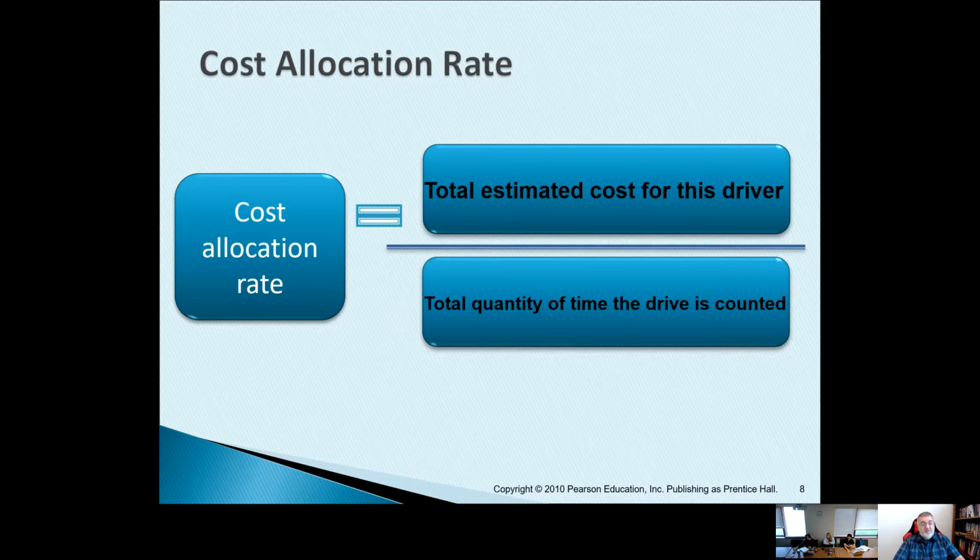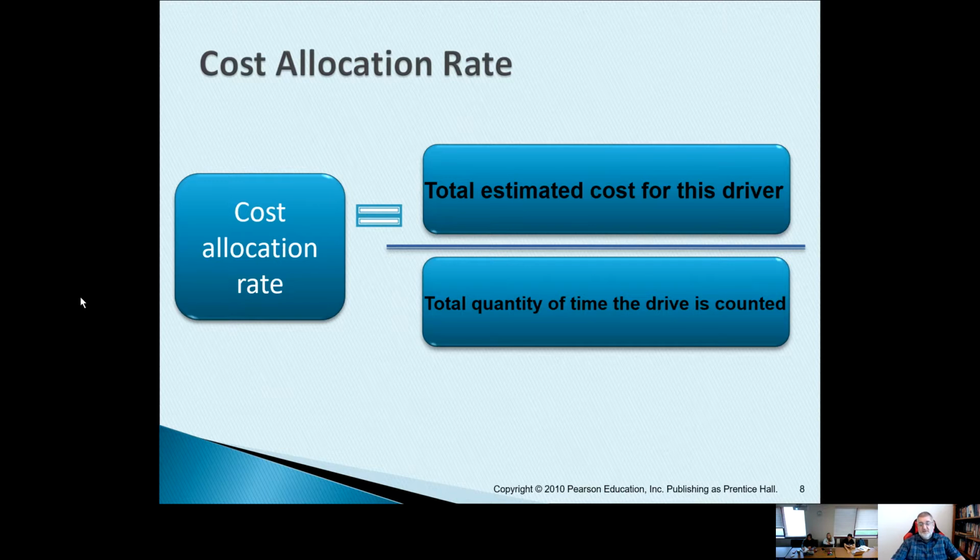So we figured that cost allocation rate. Now we go back and say, okay, instead of 5,500 parts, he actually moved 4,800 parts. We've kind of overcalculated, but we can still apply a rate to it.